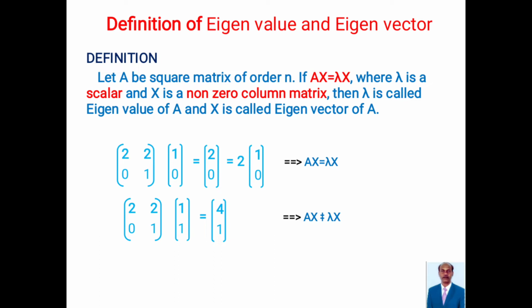So [2, 2; 0, 1] is the matrix. Suppose we take [1, 1] as an eigenvector, then we multiply the first row in A with the first column in x: 2 into 1 is 2, again 2 into 1 is 2, then 2 plus 2 is 4. Take the second row in A and the first column in x: 0 into 1 is 0, 1 into 1 is 1.